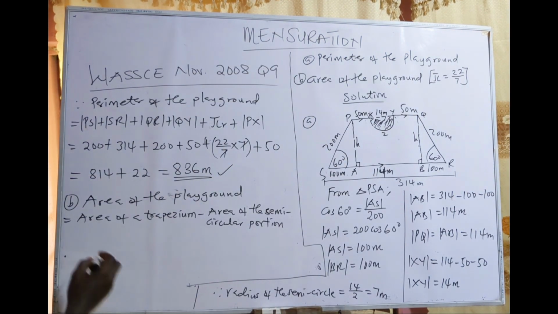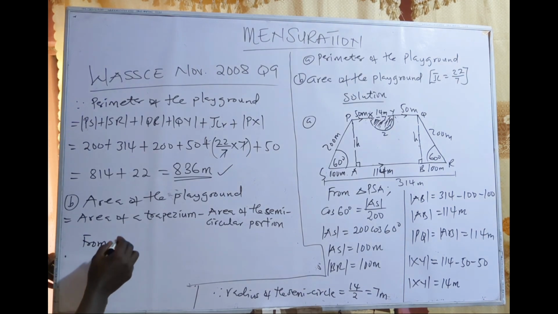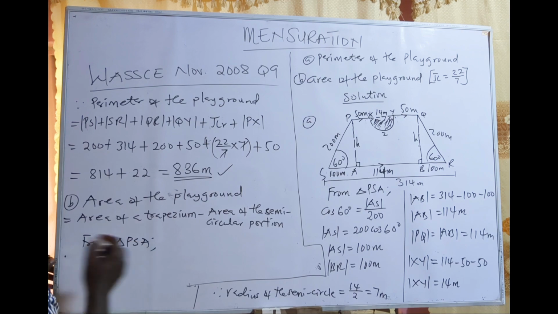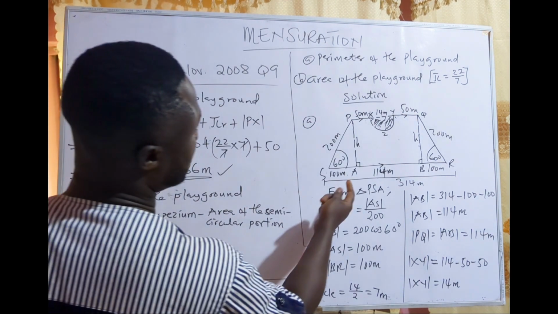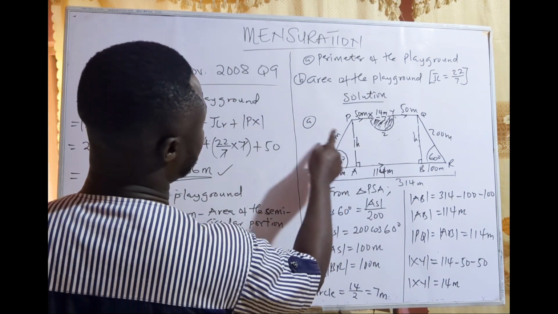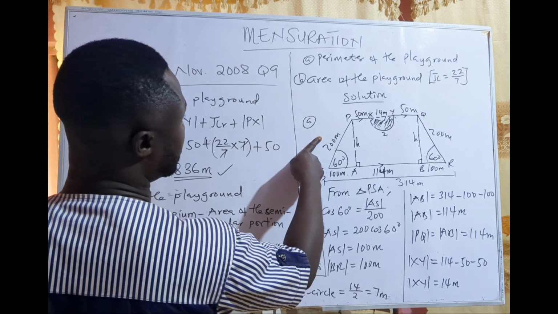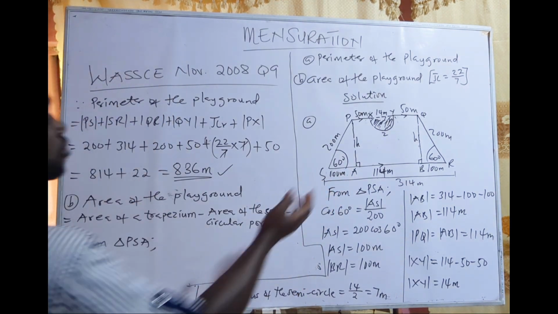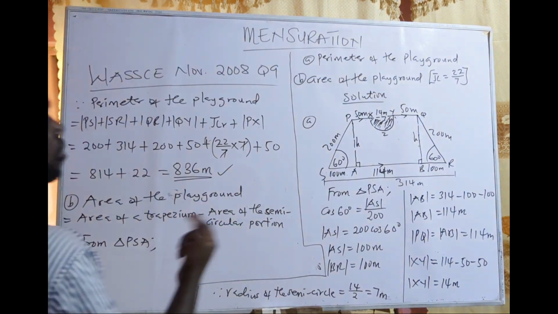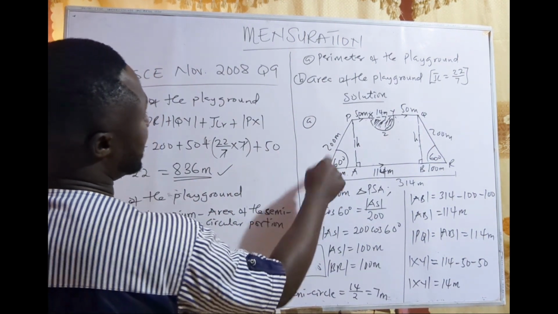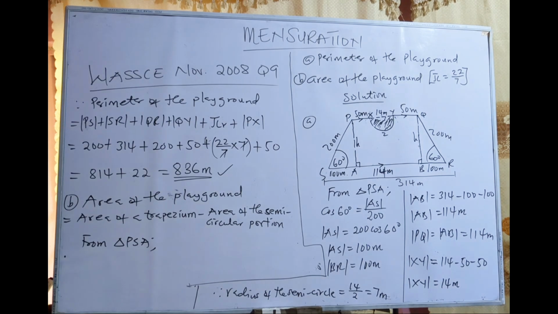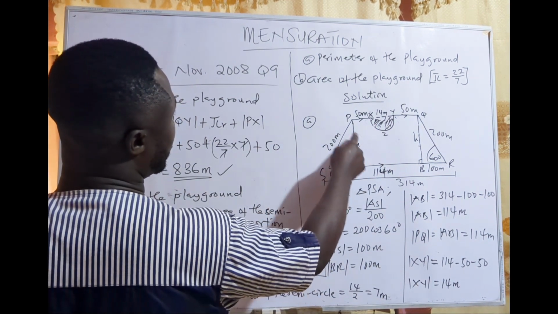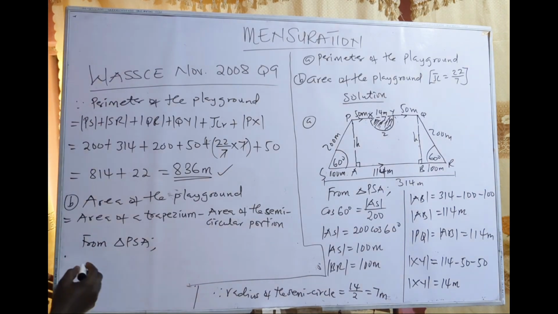So from triangle SAP, how do you find the height? You can use opposite over hypotenuse. Even you have here as 200. I always normally advise students, please use what is given in the question, so that even if your calculation here is wrong, it won't affect your answer. So we are given 200 in the question, so let's use opposite over hypotenuse, which is sine.